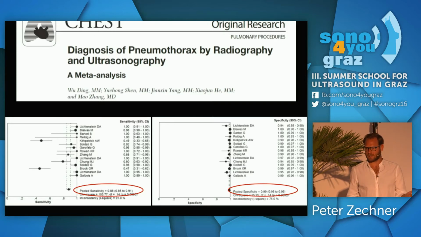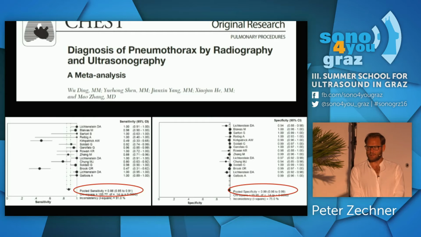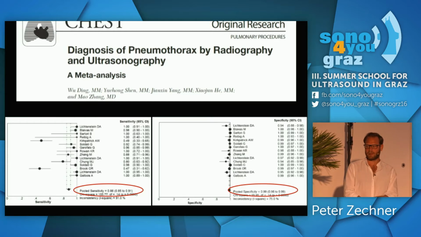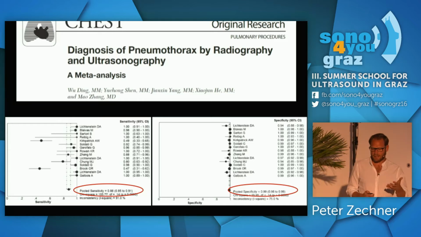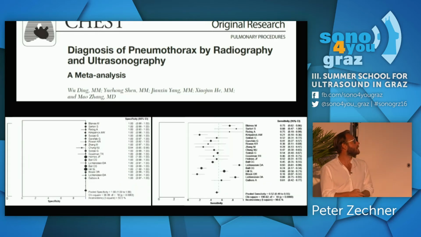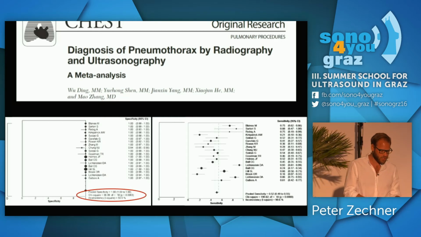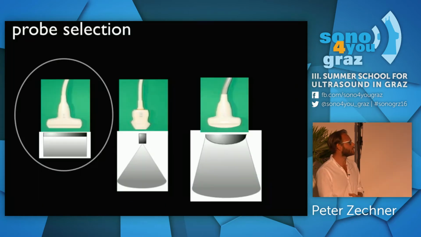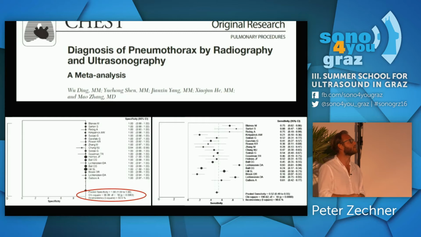I know everybody does X-ray for the detection and rule out of pneumothorax, but if we look into the literature, ultrasound is definitely better. We have a very, very high sensitivity of about 90%, and also a high specificity of almost 100% with ultrasound. In chest X-ray, we have a good specificity, which is clear, but we do not have a good sensitivity in this case, only about 50%.